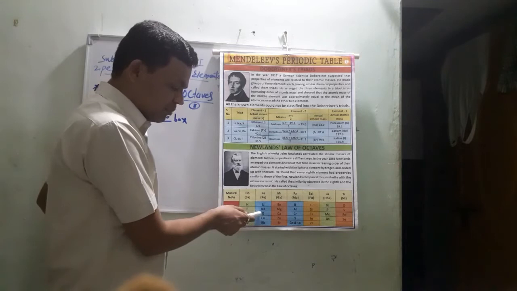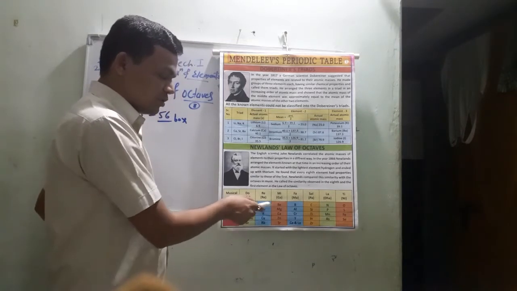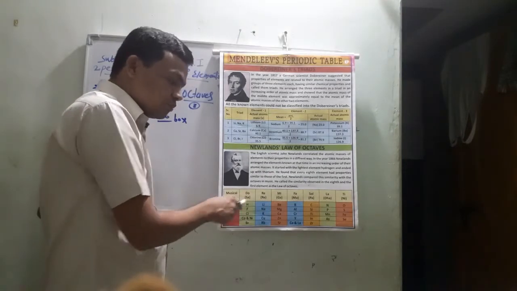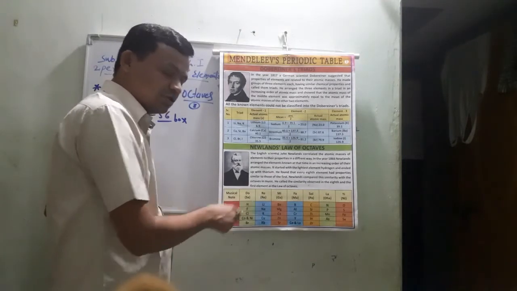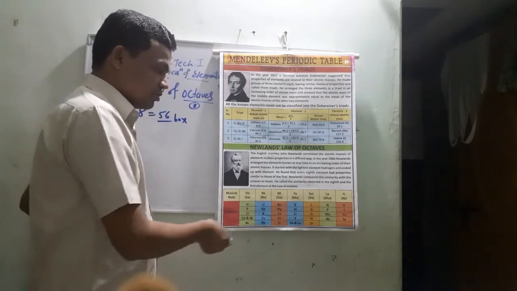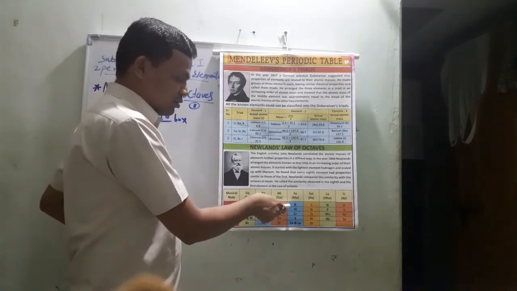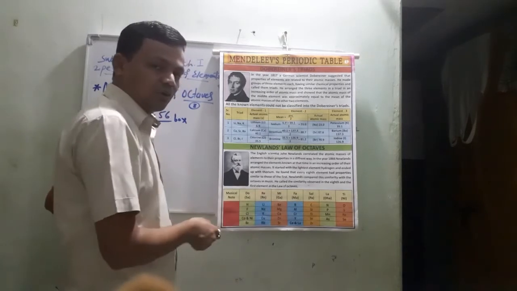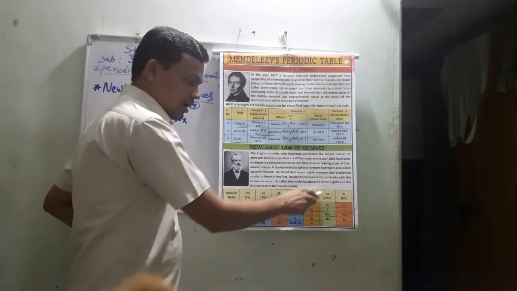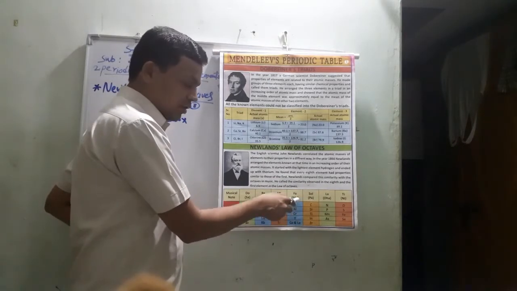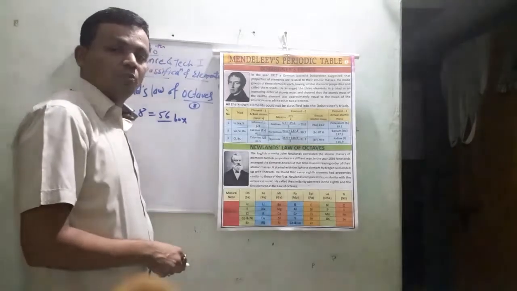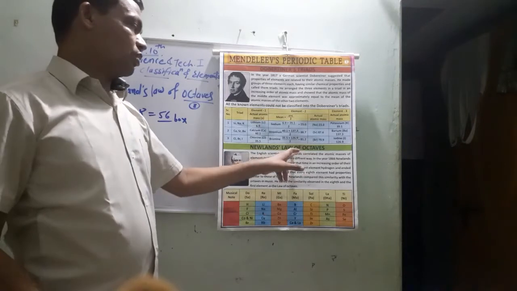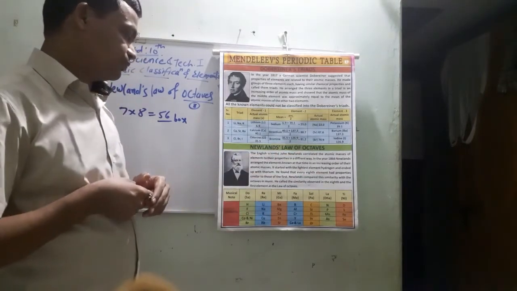The 8th element, that is potassium, has a similar property to sodium, that is, both have similar properties. Similarly here, boron and aluminium both have the same property, that is, the first element and the 8th element have similar properties. So this law is called the law of octave.